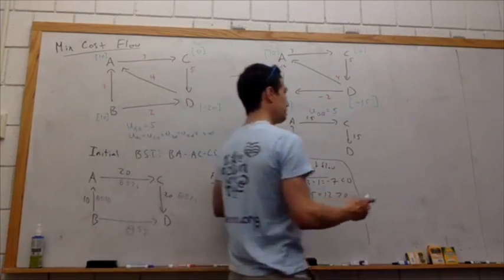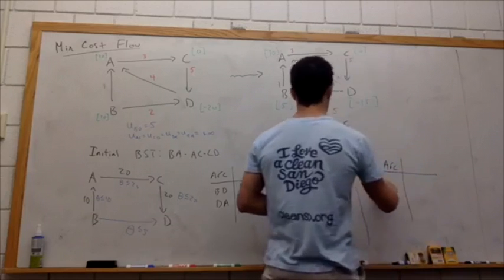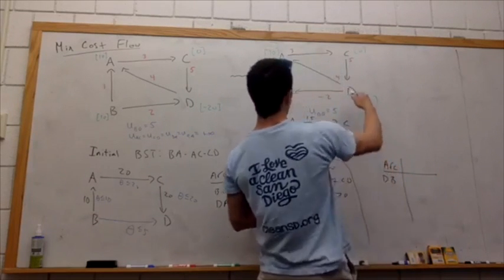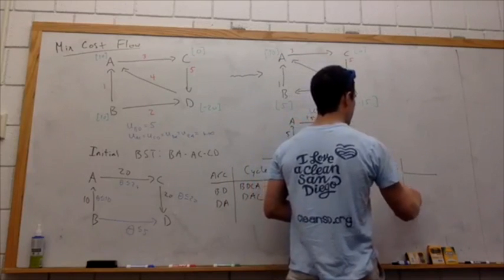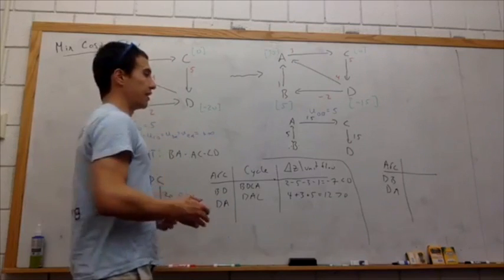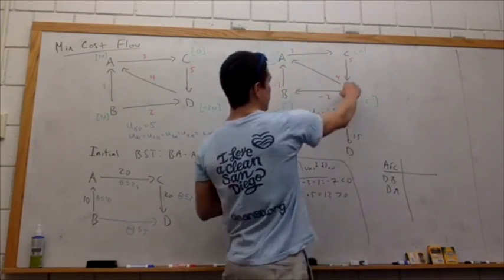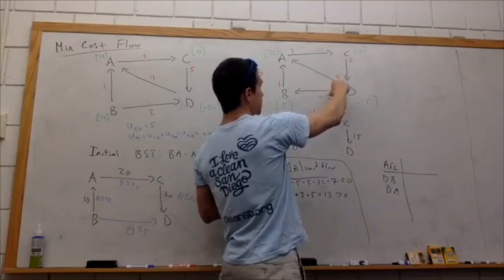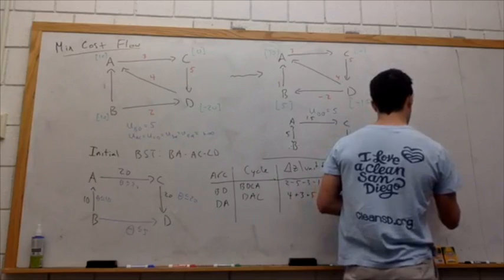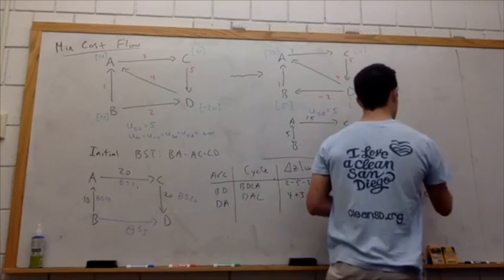So let's make this table again, where I check if I add flow through arc D to B, what's happening, or if I add flow through arc D to A, what's happening, because these are the only 2 arcs that I could possibly add flow through. And so if I add flow through arc DB, it creates this cycle DBAC. And if I add flow through arc DA, it creates this cycle DAC.